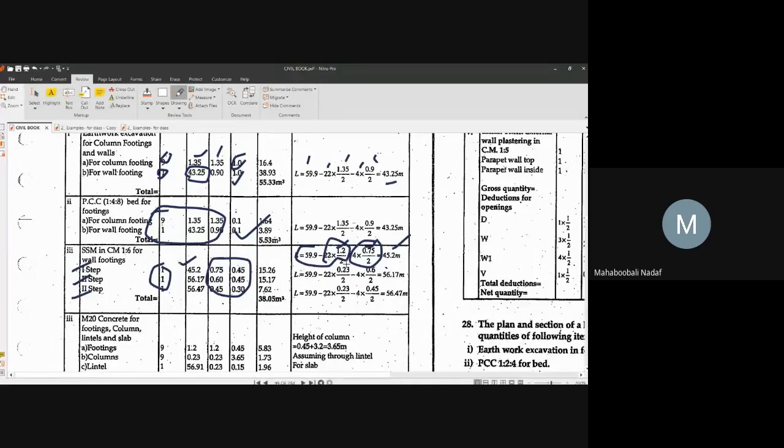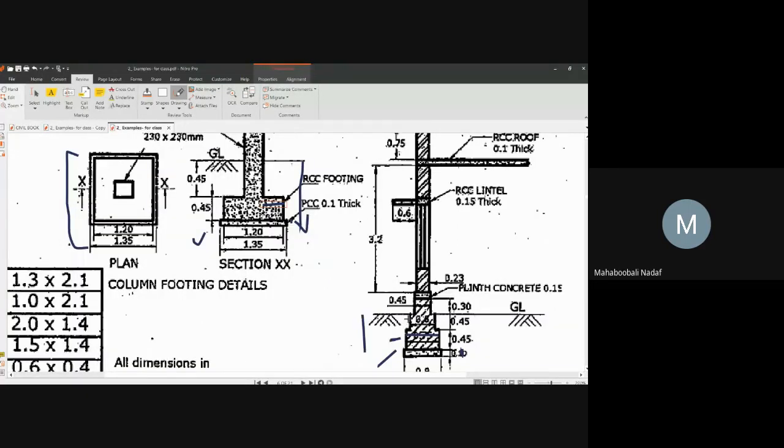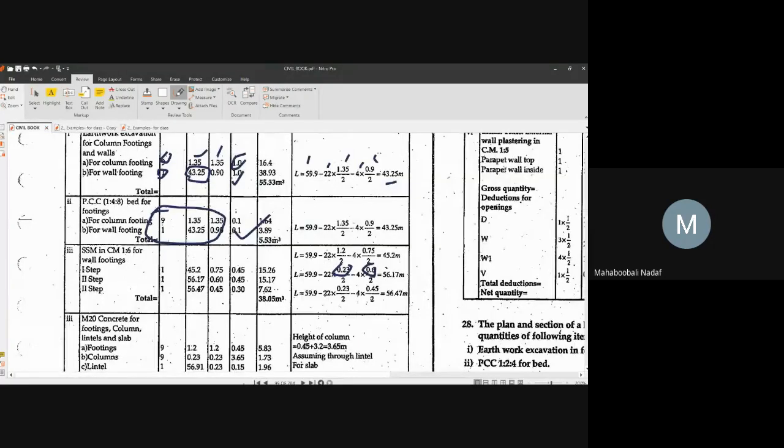Similarly, for second footing, how did these dimensions come? 0.23 and 0.26. Second footing is here, so at that height it is 0.23. This is the 0.23 for first B, and this is again second footing. So that is what we have written, 0.23 by 0.26. Is that clear?